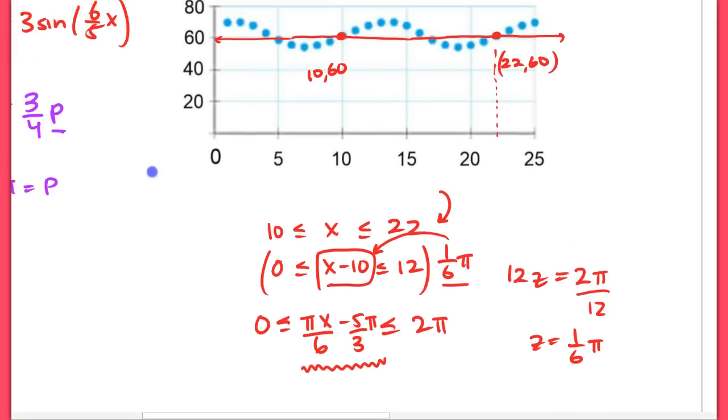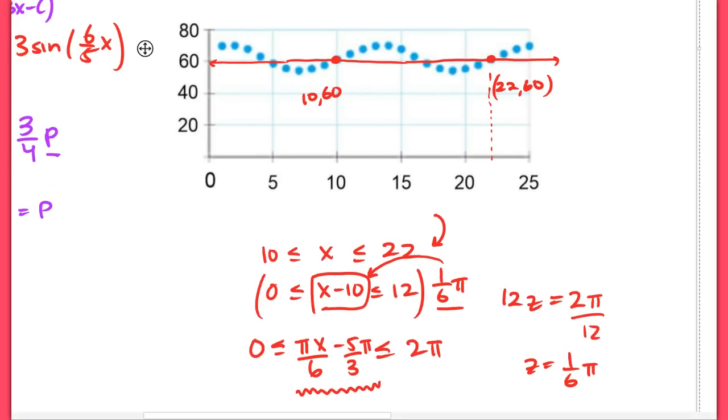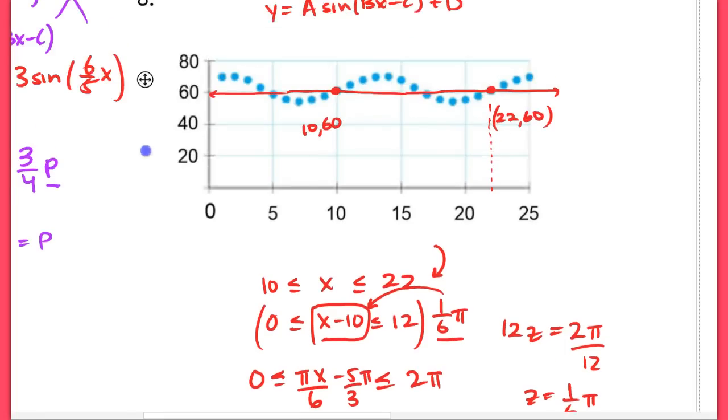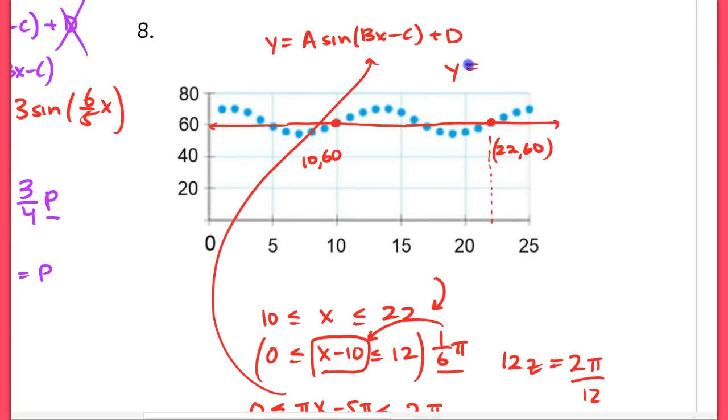So pi x over 6 minus 5/3 pi is going to go on the inside all the way back up here. Okay, so we have y equals a times sine of pi x over 6 minus 5/3 pi.